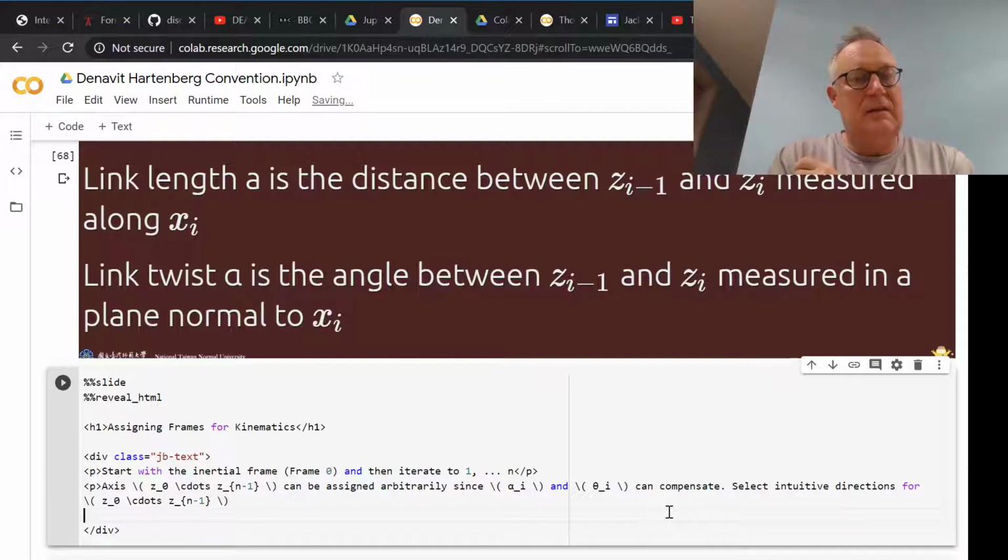And like I said, that means the convention is that axis z i minus 1 is the axis of actuation for joint i.